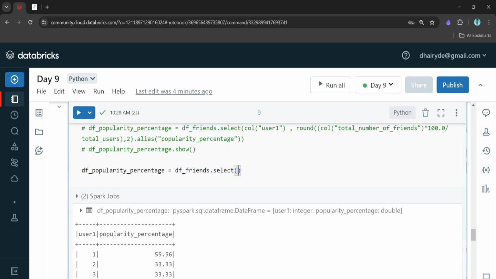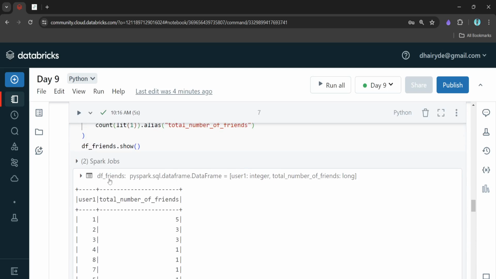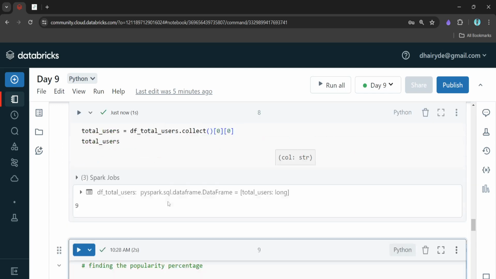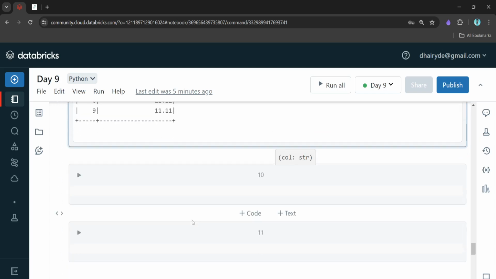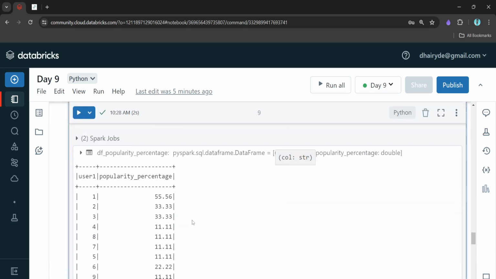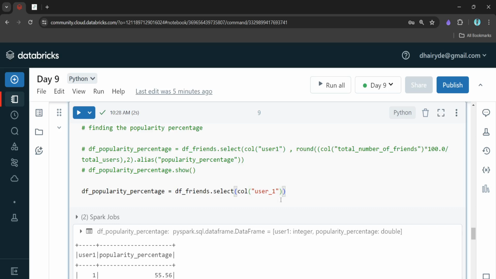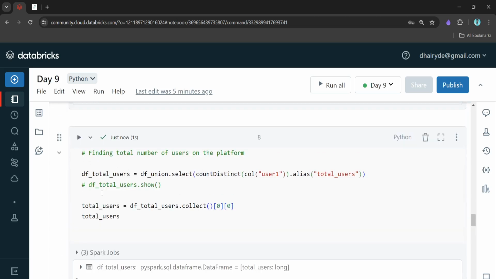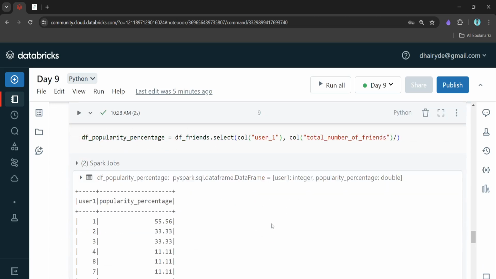From there, we can select user one, and then we need to divide the column total number of friends by this total user. So we can simply write it like this, and then column, and the column name is total friends, divided by the variable name. What is the variable name? Total user. So we can simply write it like this, and we can print this.